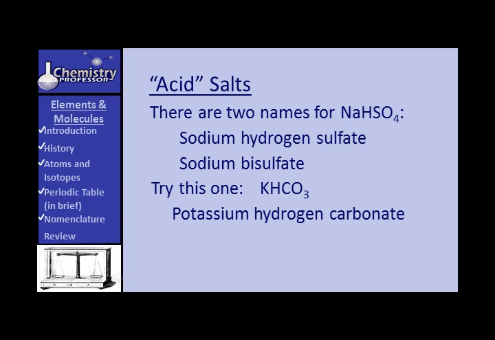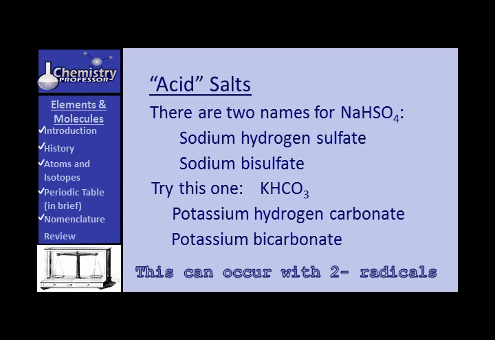Did you get potassium hydrogen carbonate or potassium bicarbonate? Now, this way of naming things generally occurs with the -2 radicals, the -2 polyatomic ions, particularly with sulfate and carbonate, and there are some others.